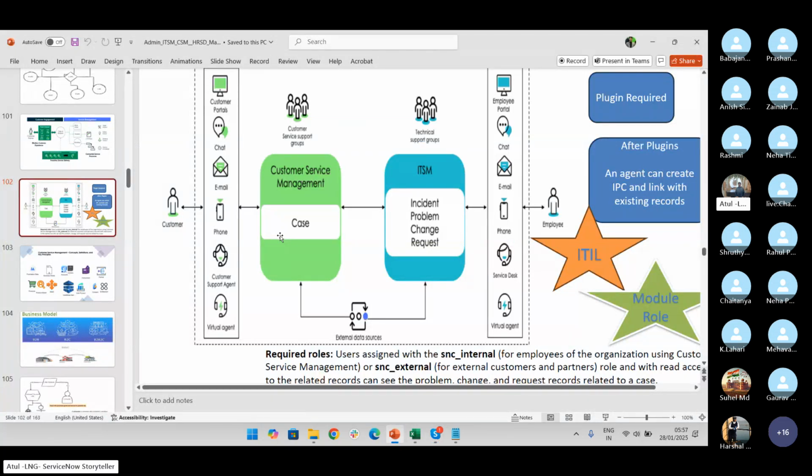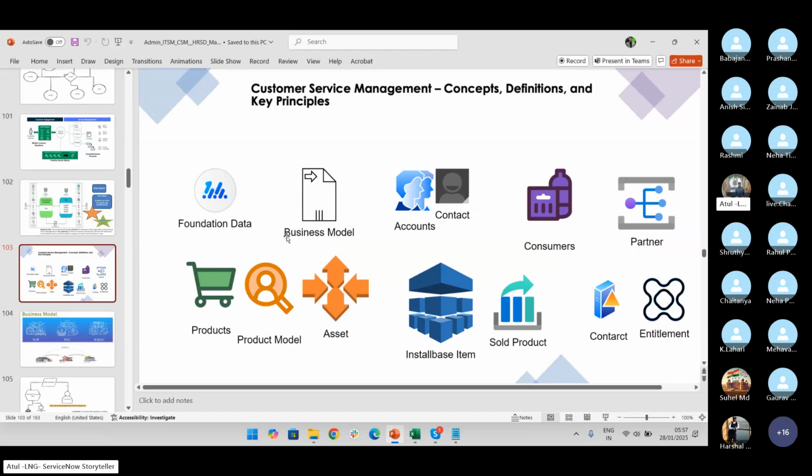No. There are different terminologies we use here, Anish. These are called asset, install base item, sold products. When a customer buys something, we call it a sold product. Let's say you buy a refrigerator: for you it is an asset, but for the company it is a sold product.